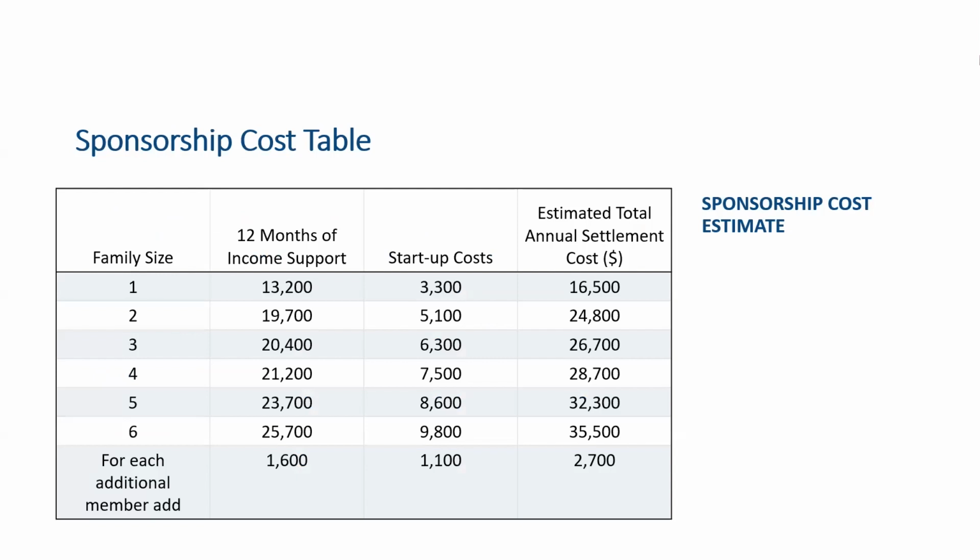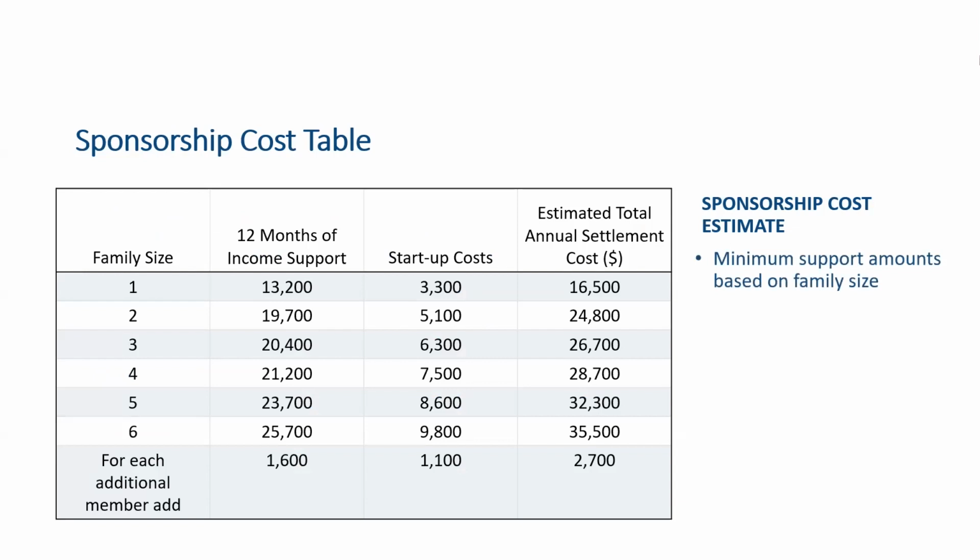It's a bit different to the RAP rates that you're used to. It's still categorized by family size, but it's not categorized by family composition. So if you remember, with the RAP rates, you specify your family size, your family composition, community of settlement, and any specific needs like dietary needs, maternity, clothing, any specific needs that the newcomers may have, and then you calculate your rates based on that information.